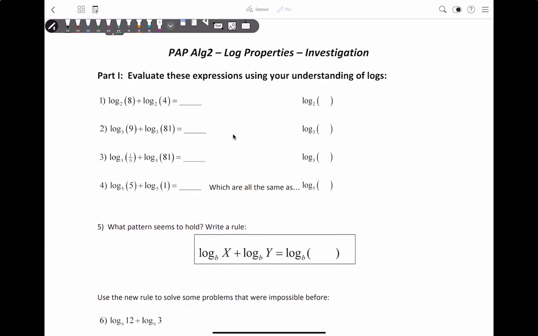And we're going to start off first by looking at what the values are to these specific equations from what we already know and understand of logarithms, and then we'll develop our laws. Okay, so log base 2 of 8. We know log base 2 of 8 looks like this.